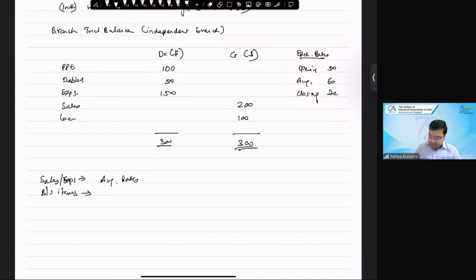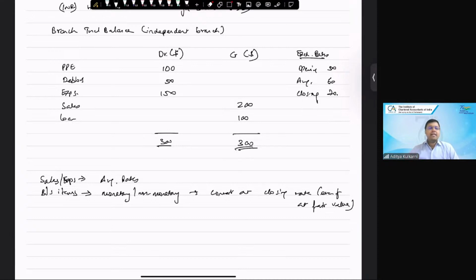Balance sheet items, whether monetary or non-monetary, convert at closing rate, even if at fair value. Even if it is at fair value, you will do the conversion at the closing rate. Are you able to understand? Yes, sir. Okay.